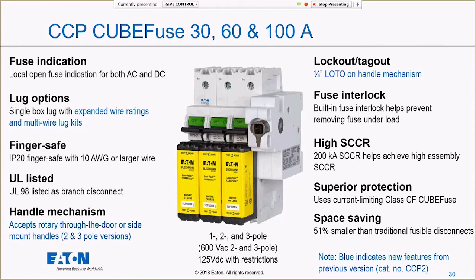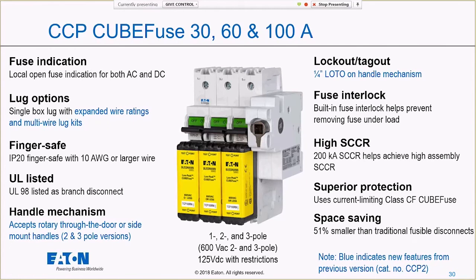It is electrically the same as a Class J fuse, just a physically different shape. The 100 amp one is what I'm showing you right here. This 100 amp fusible disconnect is 51% smaller than a traditional 100 amp fusible disconnect. So it is half the size.